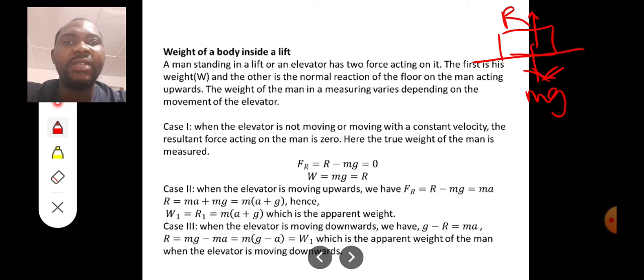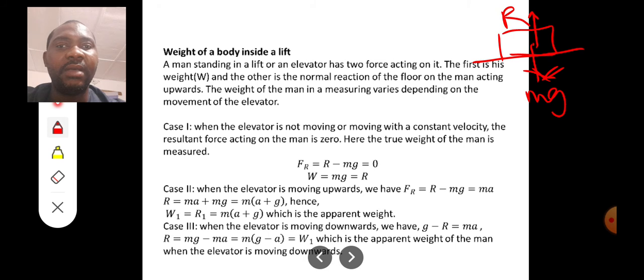But case two, when the elevator is moving upwards, actually you'll be feeling heavier. You know why? Because you are moving against gravity. The resultant force here, because it's moving upwards now, is R minus mg, which is equal to ma.